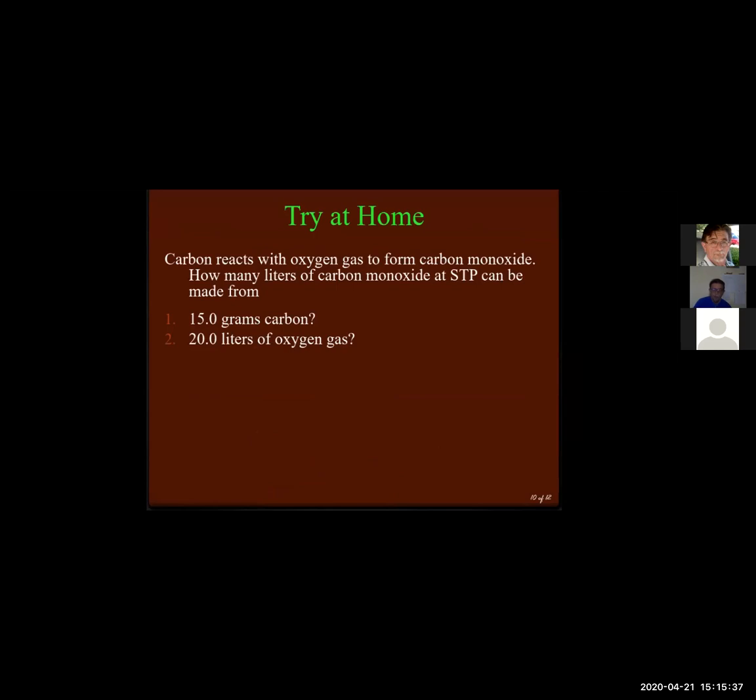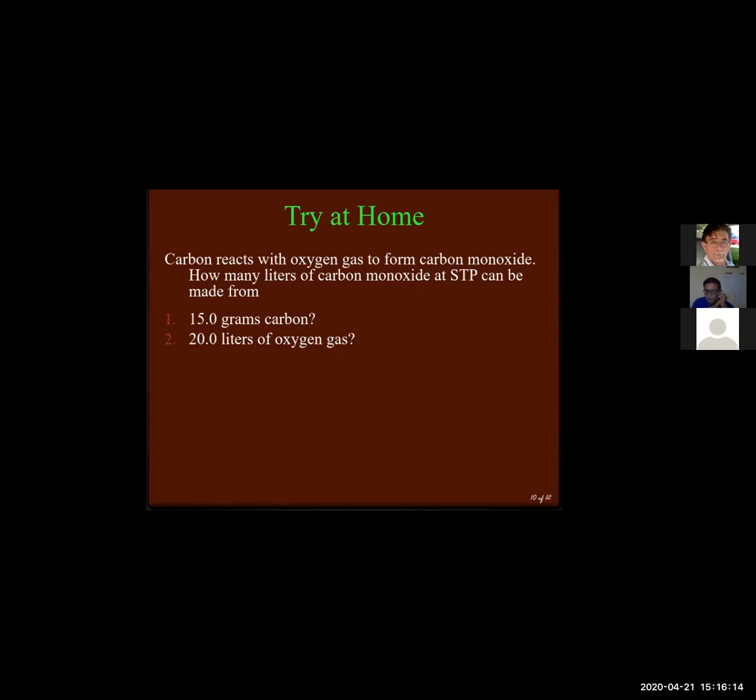Try these at home. This is something you can try out. Work it through. I'll give you the answer in a second, but see if you can work it out on your own. It says carbon reacts with oxygen gas to form carbon monoxide. So that's the reaction. You write the balanced chemical reaction for that. Then they're asking how many liters of carbon monoxide at STP can be made if you start off with 15 grams of carbon.